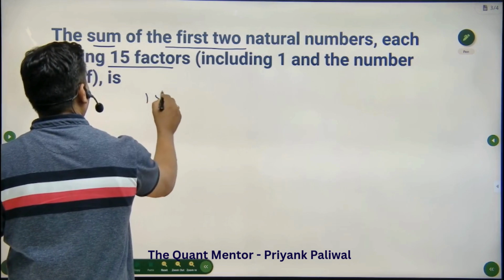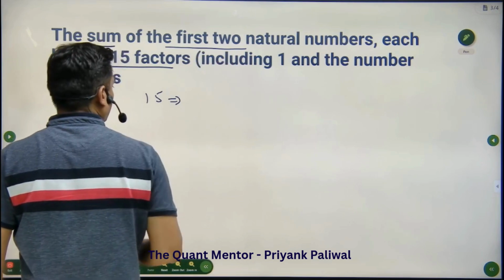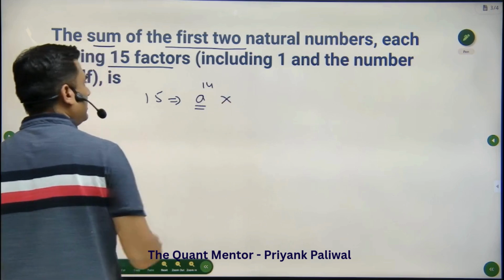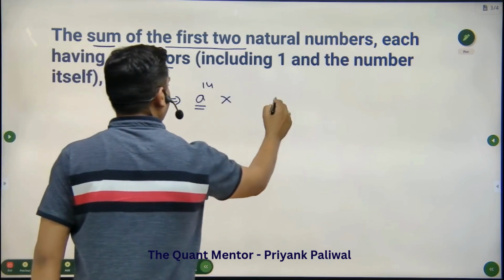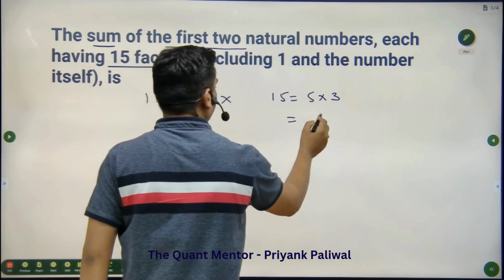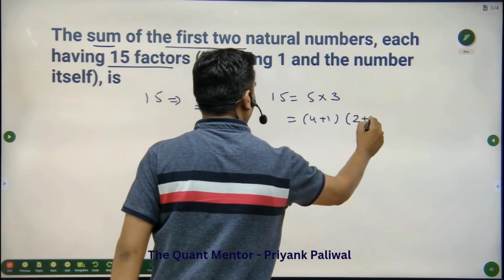Since they are asking for the first 2 natural numbers, I'll not take any number of the form a to the power 14, because definitely that will not give me the first natural number. So 15, can I write 15 as 5 into 3?